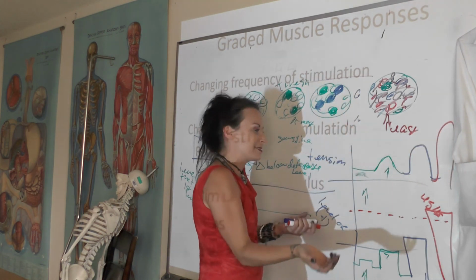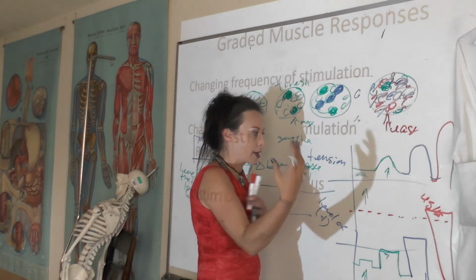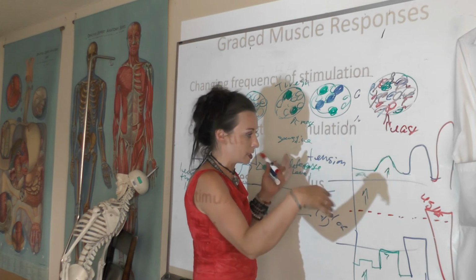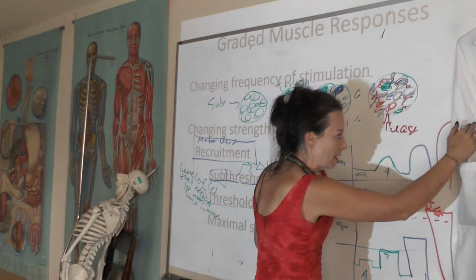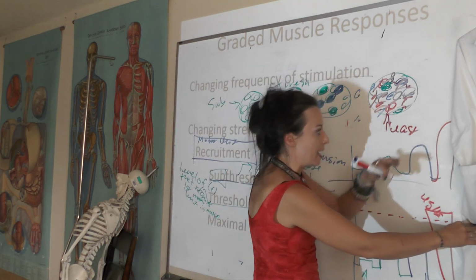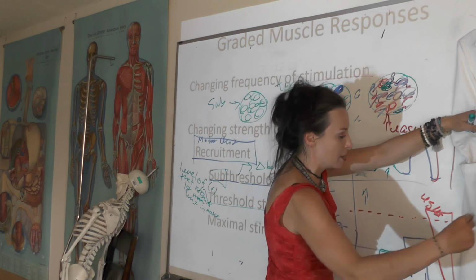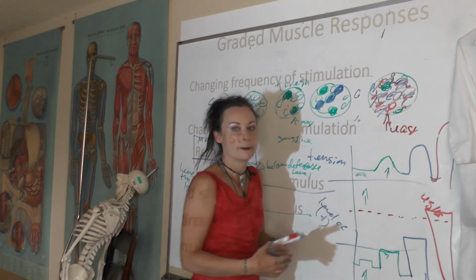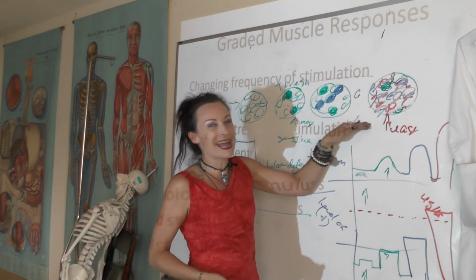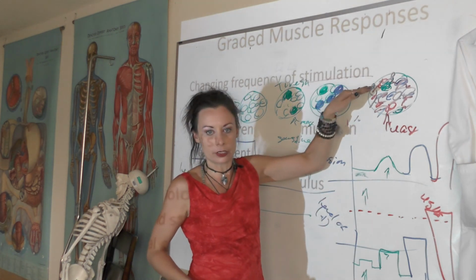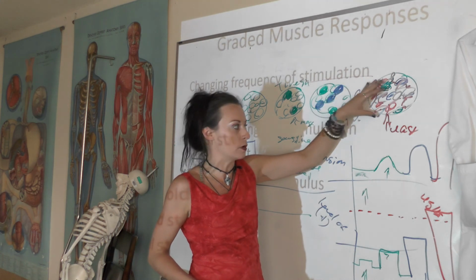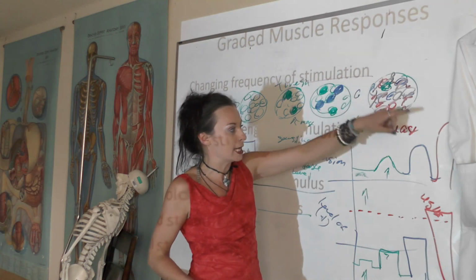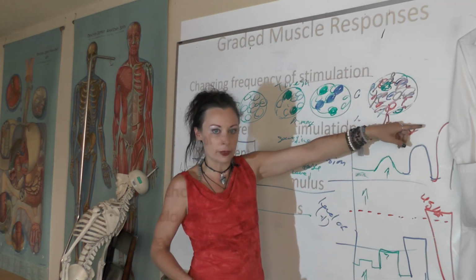And this doesn't quite work in humans, but if I'm a frog gastrocnemius or a frog biceps brachii, then I can hit with 50 pounds here, and I'll still only generate this much tension. 55 pounds here, still only generate this much tension. Why? Because as soon as I activate this least sensitive motor unit, the last motor unit of this muscle, it cannot do any more than what it is doing for you now.